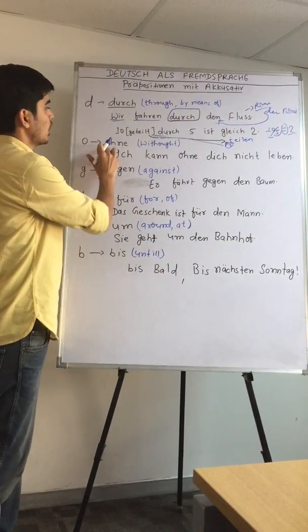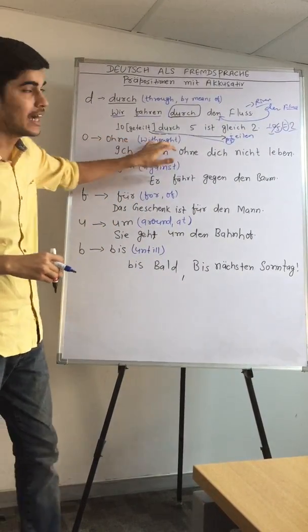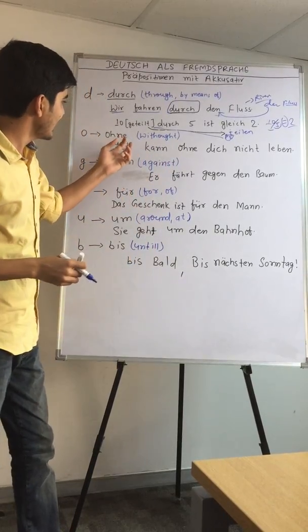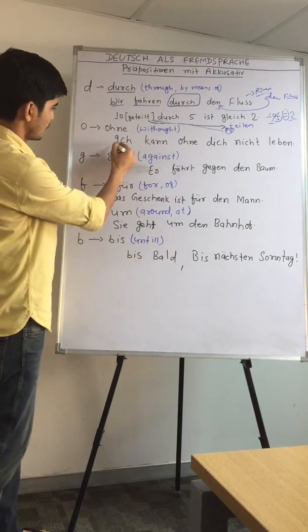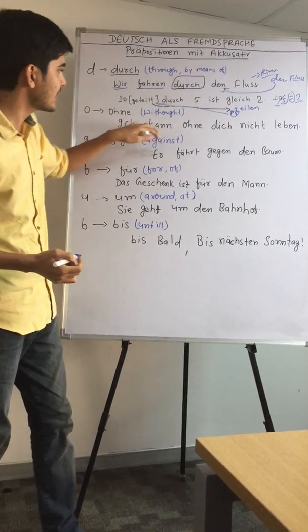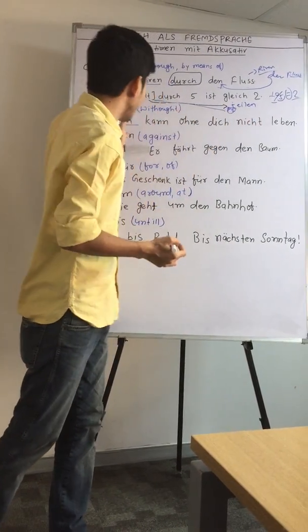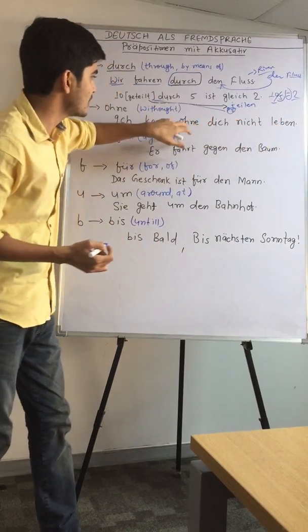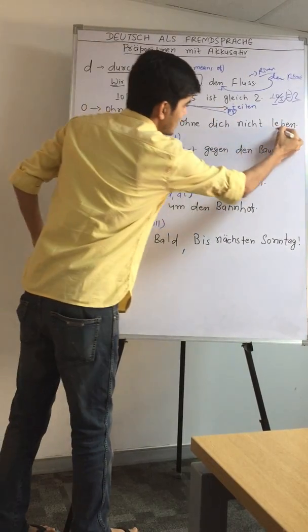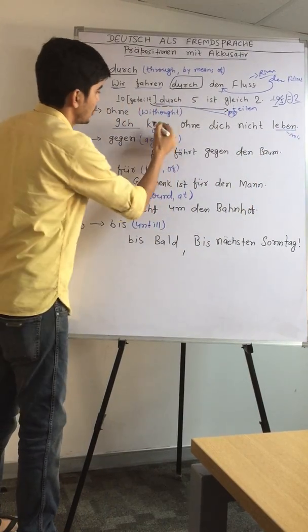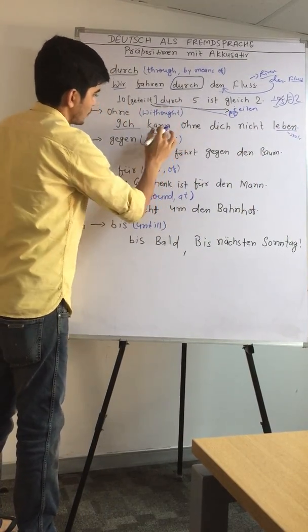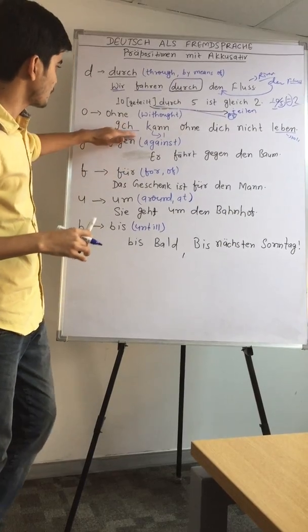The other one is ohne. Ohne means without. Ich kann ohne dich nicht leben. I cannot live without you. Leben is a verb that means to live. Kann is our modal verb, können, can.